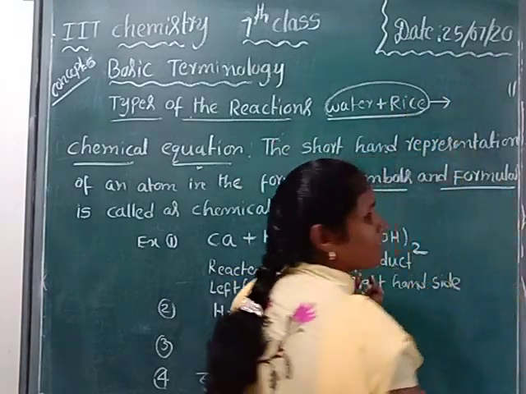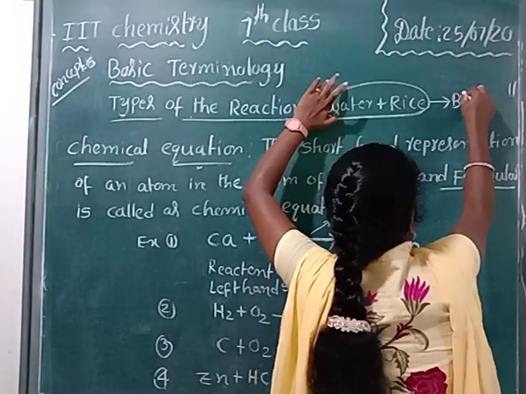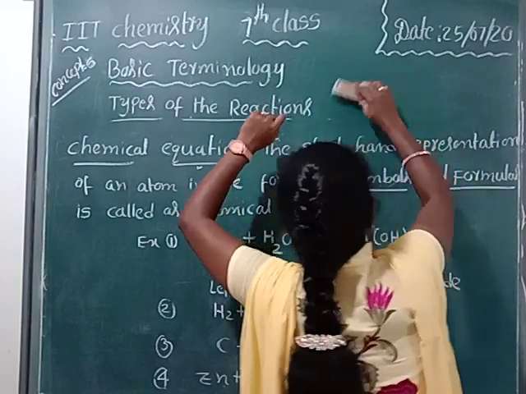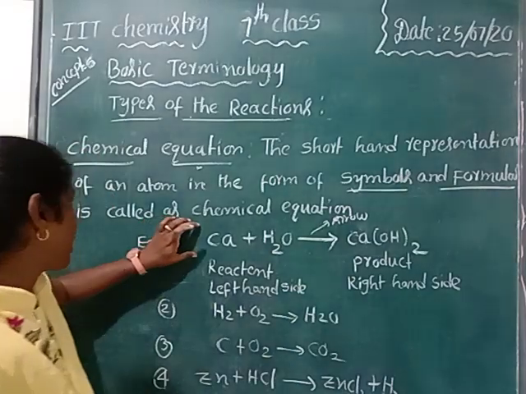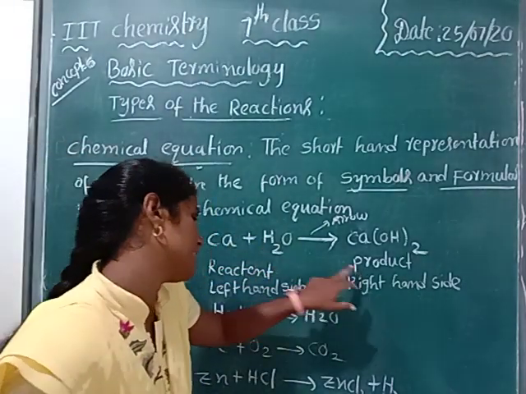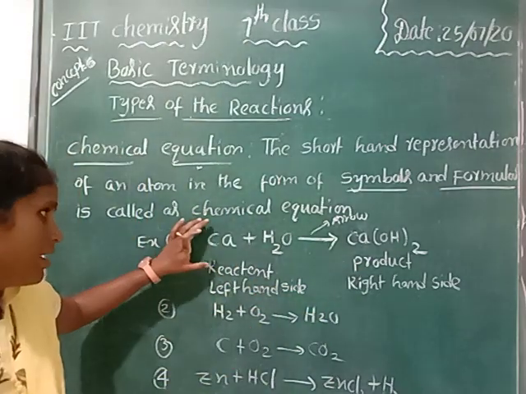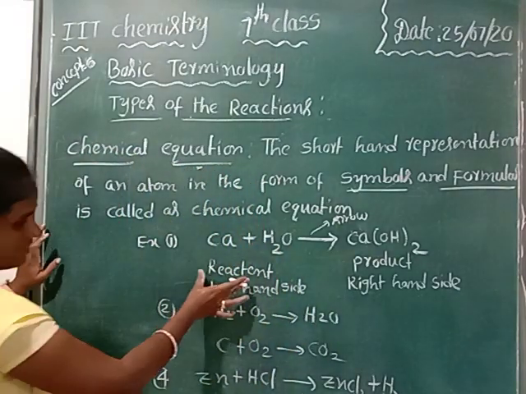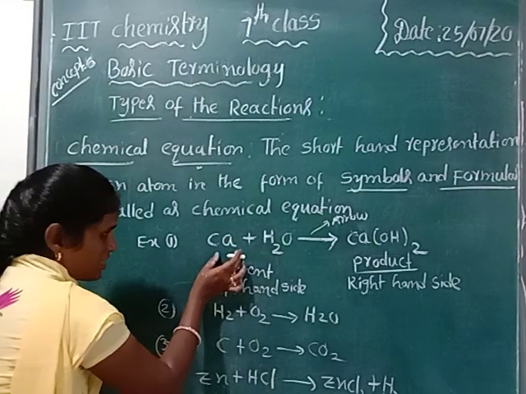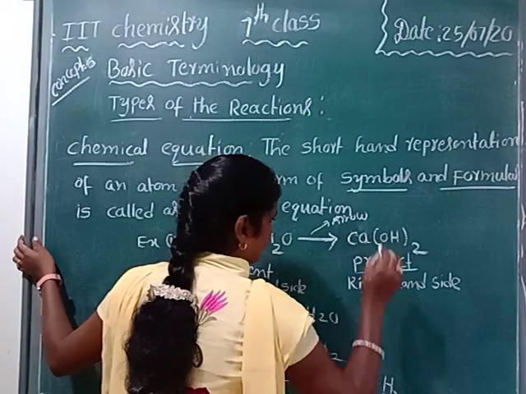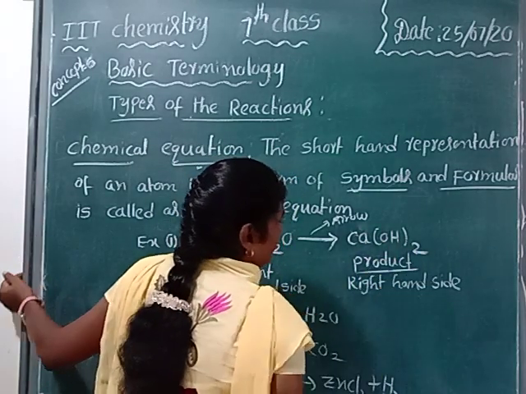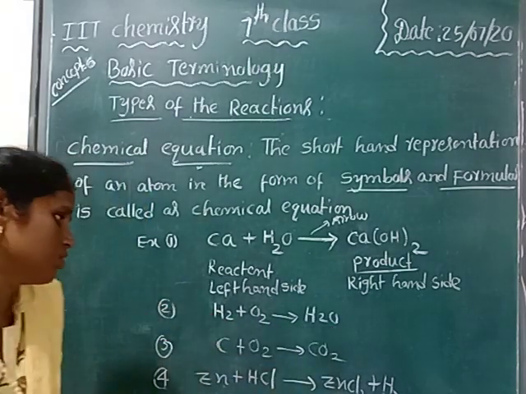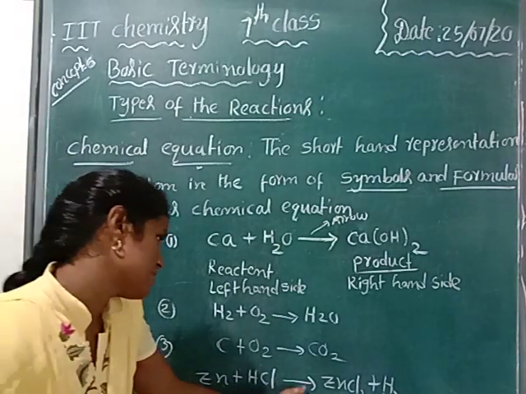After the reaction, it forms biryani. Zn plus HCl gives rise to ZnCl2 plus H2.